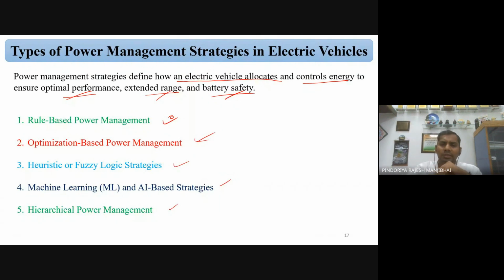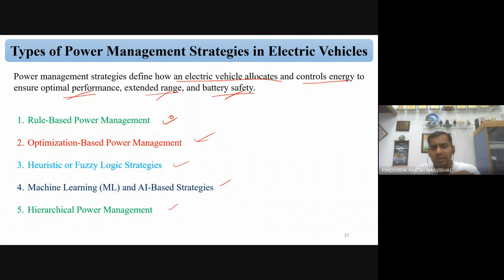Depending on the chain sequence and the previous data, you can continue that system; that is your hierarchical power management. So this is the common man's language meaning of the different strategies: rule base, optimization base, fuzzy logic base, machine learning and AI base, and hierarchical power management base.